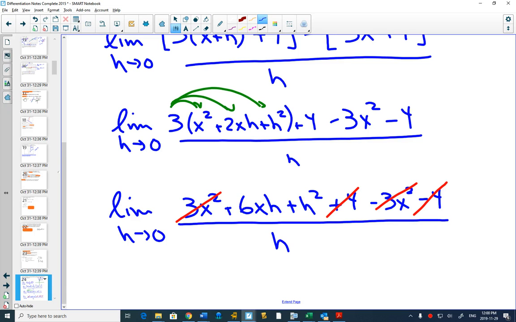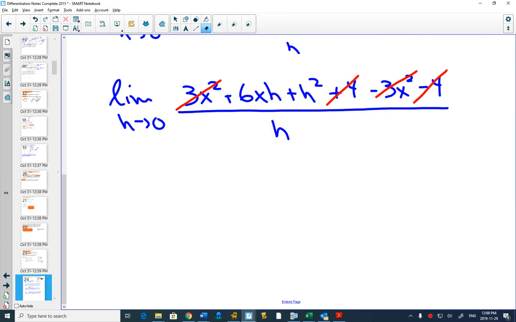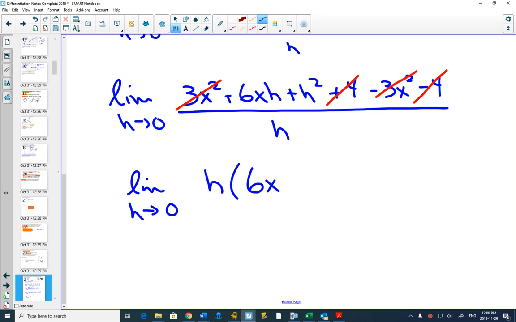What does that leave on the top? That leaves a 6xh plus 3h squared. Can you simplify that with an h on the bottom? Yes. If you can simplify it right away, that's fine. Some people like to factor out an h on the top of the two things that are left.